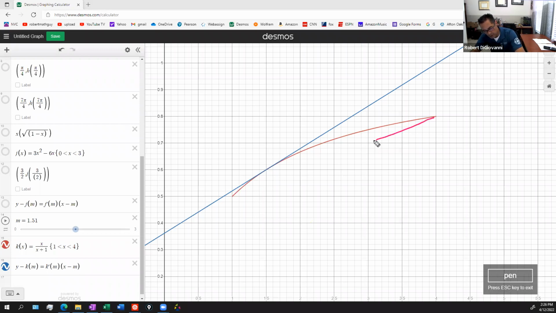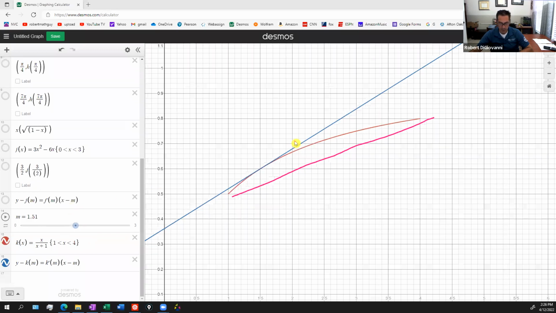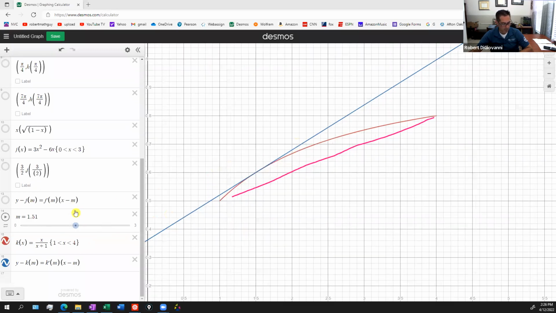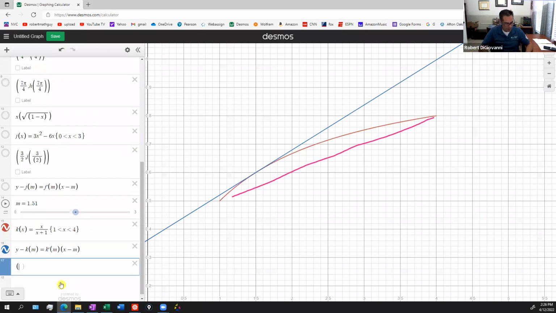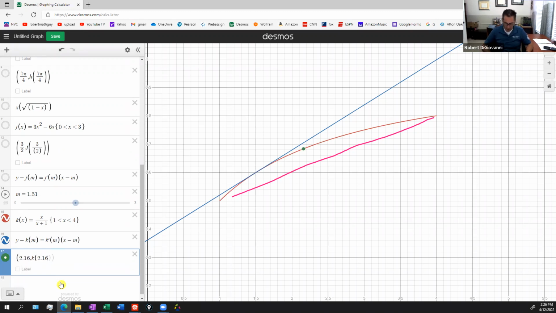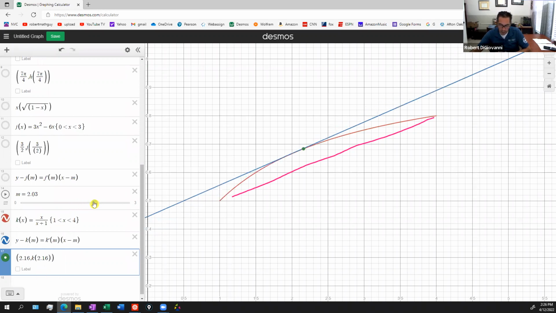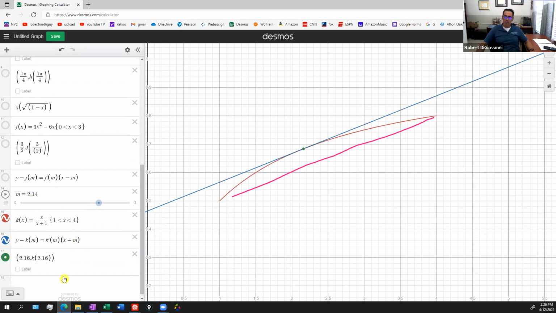So I connect these 2 points with a straight line like this. Now let me go to the point where it's supposed to happen: 2.16, comma f of 2.16. Right at that point is where it should be parallel. Let me drag it over there. Right about there, they look pretty parallel to me. That's the idea.